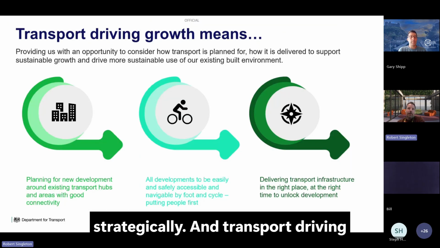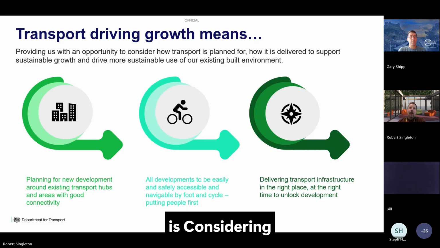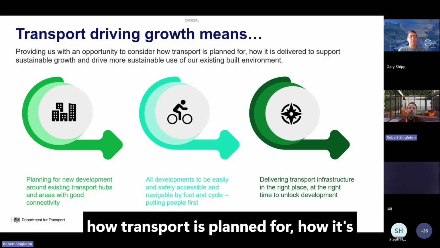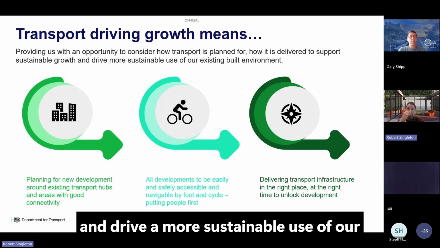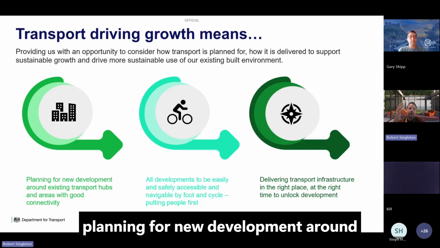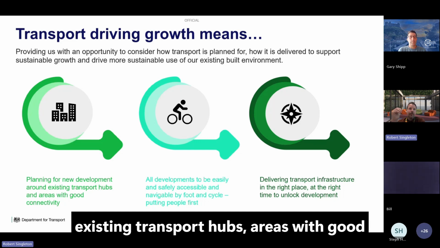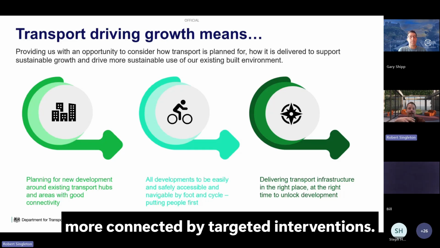And transport driving growth for us really means considering how transport is planned for, how it is delivered to support sustainable growth and drive a more sustainable use of our built environment. So that really means planning for new development around existing transport hubs, areas with good connectivity or areas that can be made more connected by targeted interventions.